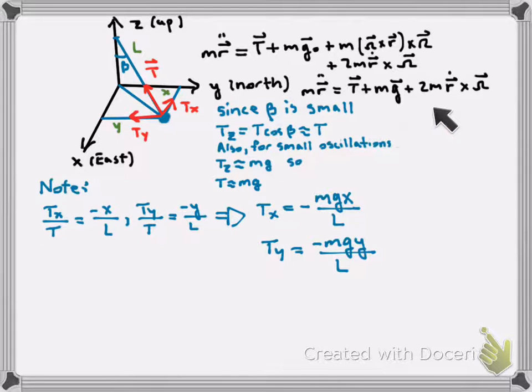The other result that we're going to need is for this 2m r dot cross omega. We're going to need to evaluate r dot cross omega, but we've already done that previously.